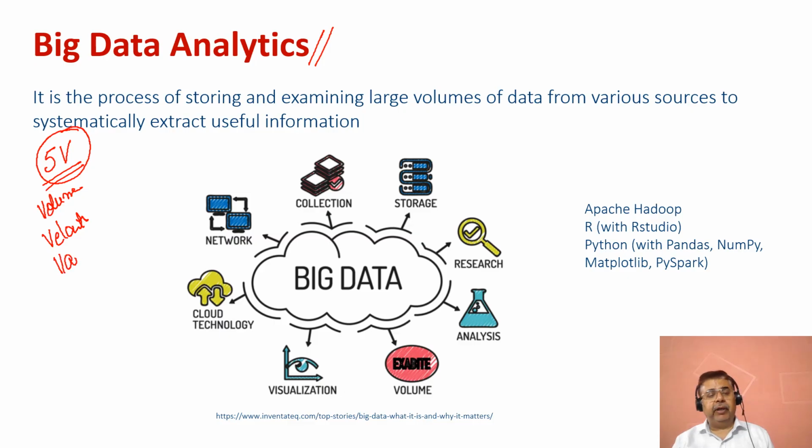Third is variety, so different types of sensors are there. And then we have veracity. Veracity means the data is noisy. And the fifth one is value, which means we need special processing to find useful insights. If your data satisfies these requirements, then certainly it is big data.